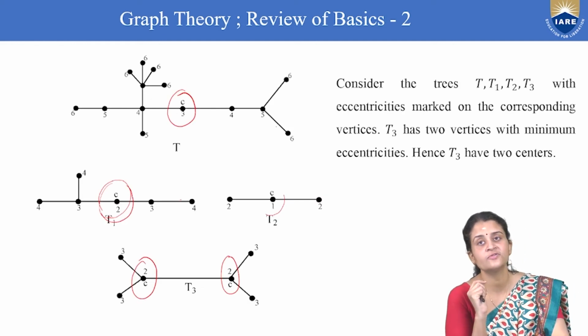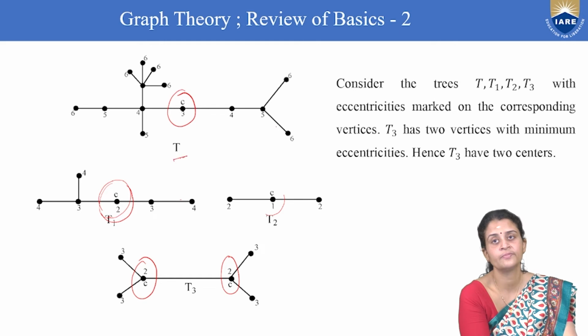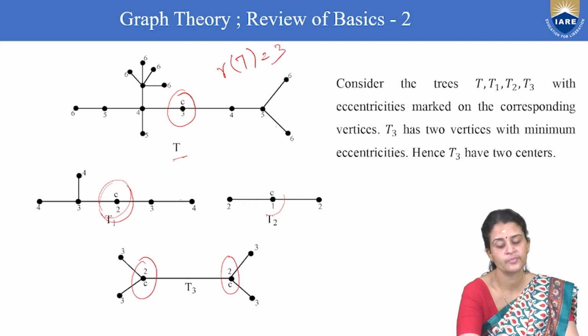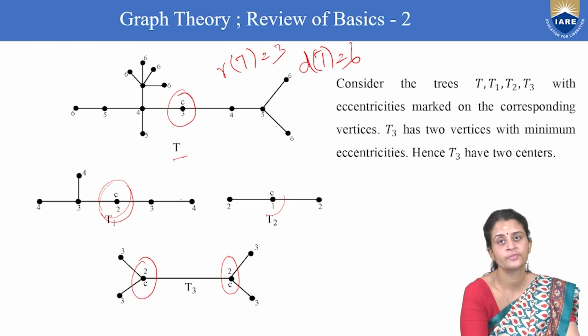So what is the radius of this tree? First T: the radius of this T equals 3. And what about the diameter of that tree? It is the length of the longest path, right? So the diameter of this tree is 6. And what about here?